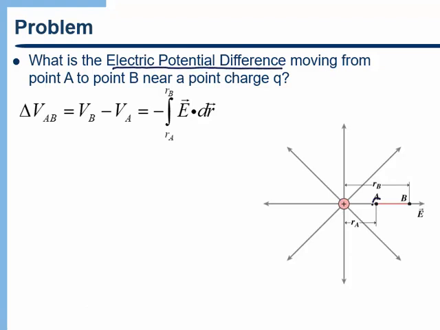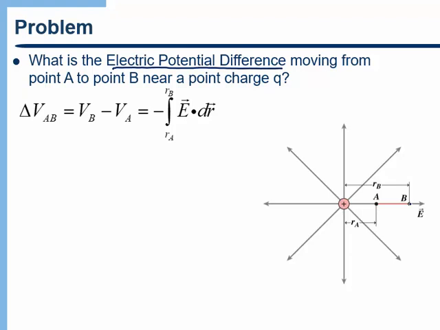So I'm not saying that I'm moving a charge from here to here. I'm just saying, for anything, what is the difference in the electric potential from point A to point B? We're trying to figure out delta V directly. Once we understand that, it's going to be useful to solve problems where we put a charge at A and let it go to point B.